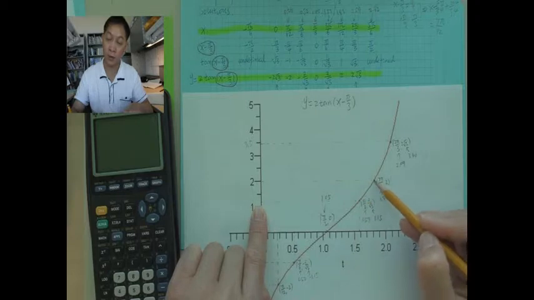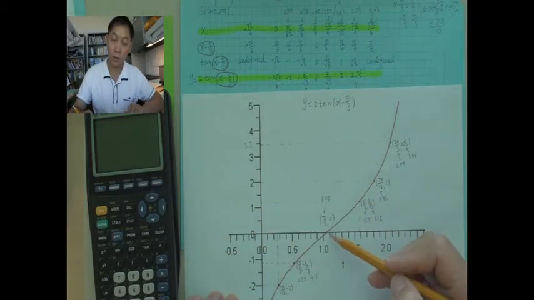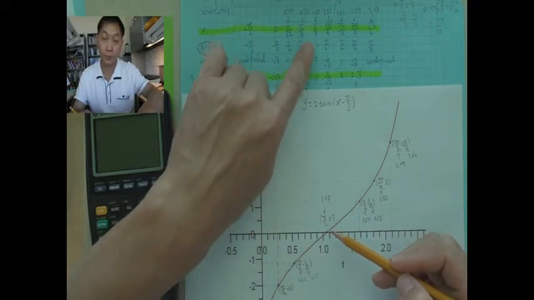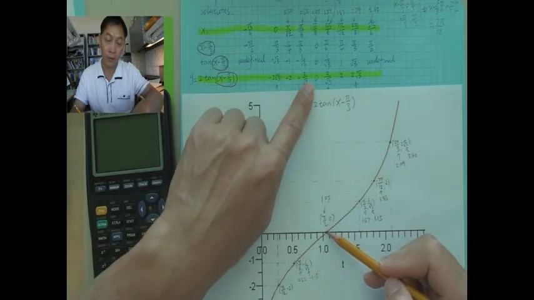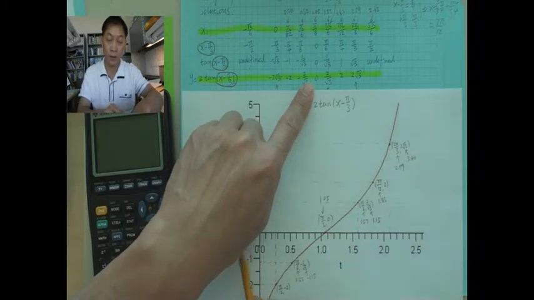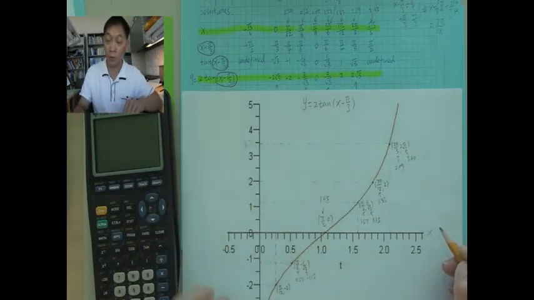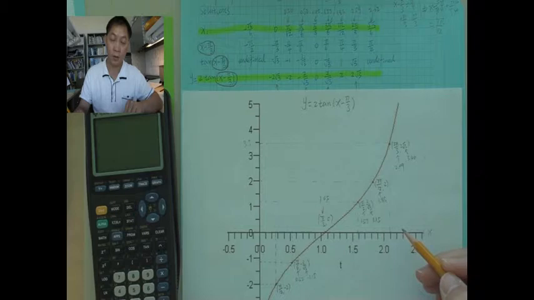Okay, again you can consider this one yourself. You need to check that. And x equals pi over 3. You have a 0. Okay, yeah. All the points on the x-axis with y-coordinate 0. So you have that. That's the x-intercept.